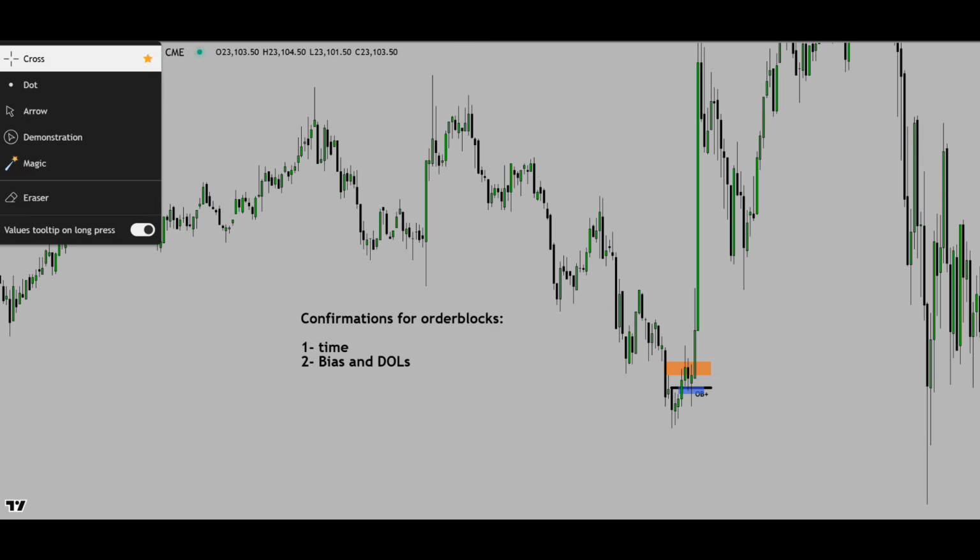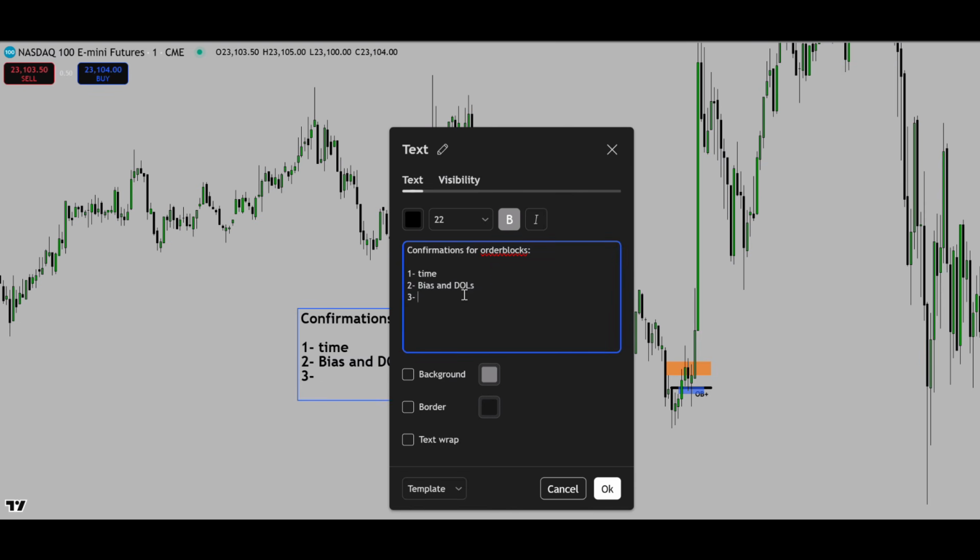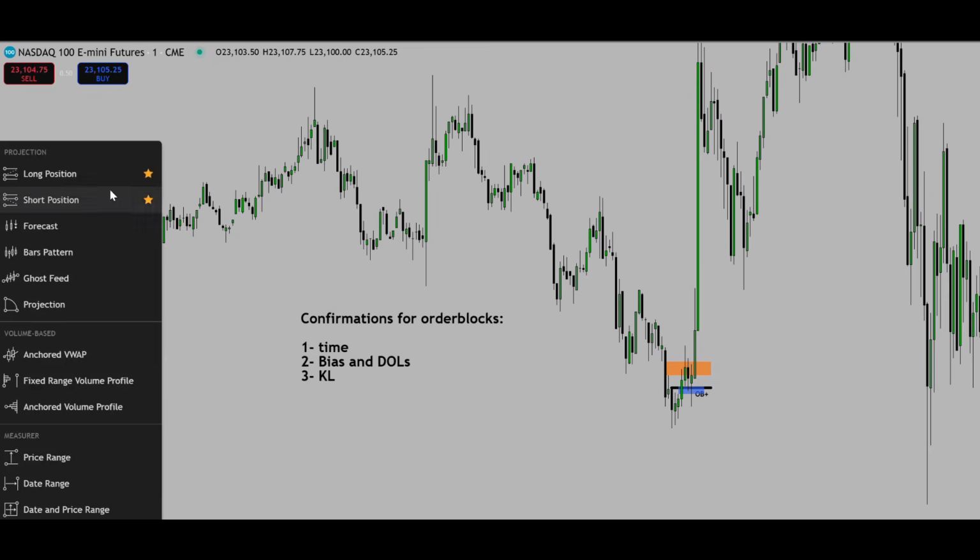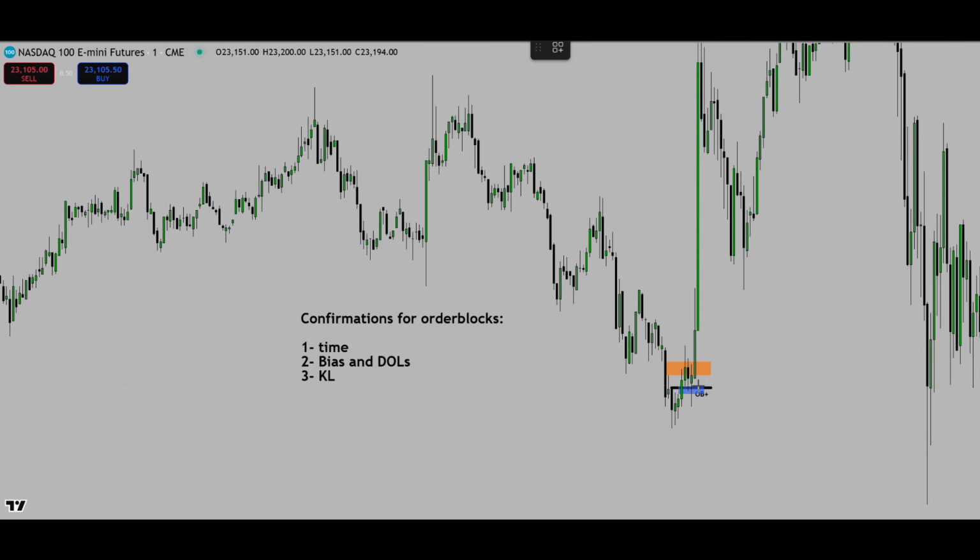So what's number three? Also very important is your key level. Now, I say this hesitantly because some of you guys are going to look at key levels and think, oh, higher time frame. Your key levels can be equal lows coming from the same exact time frame, depending on what you're targeting. For example, remember I showed you could have targeted this internal range high as the endpoint of the trade.